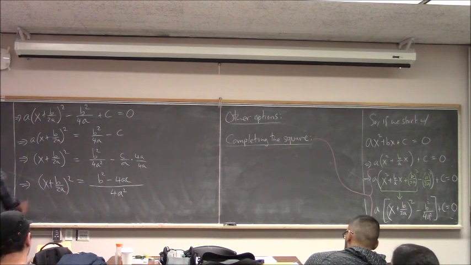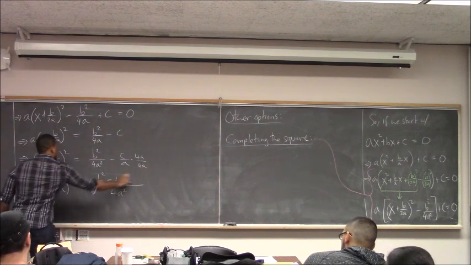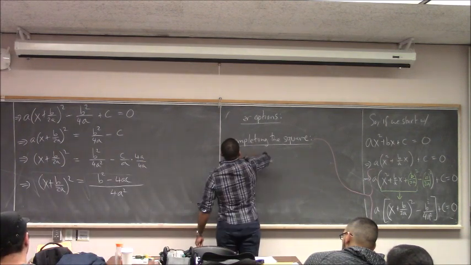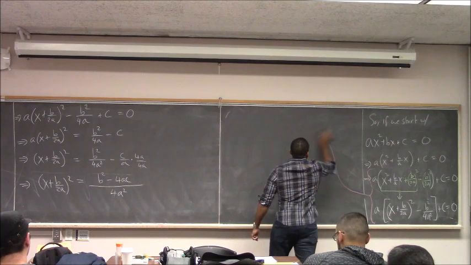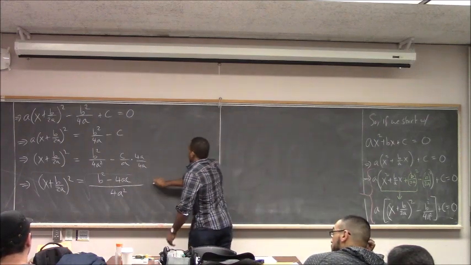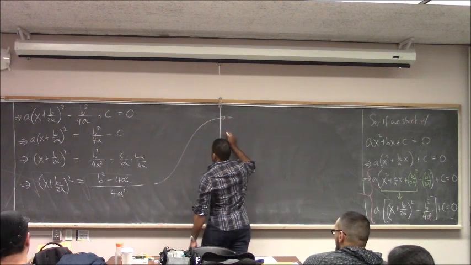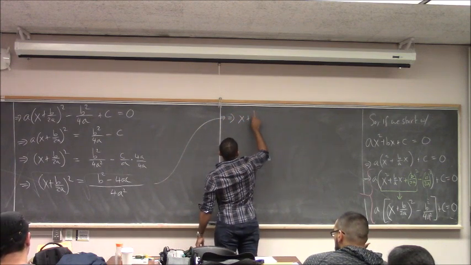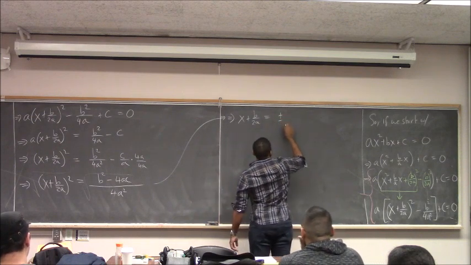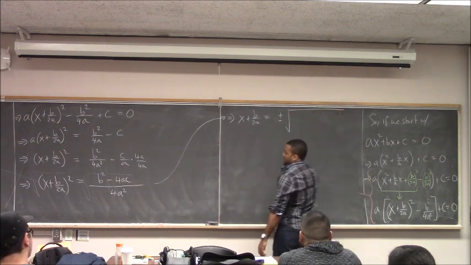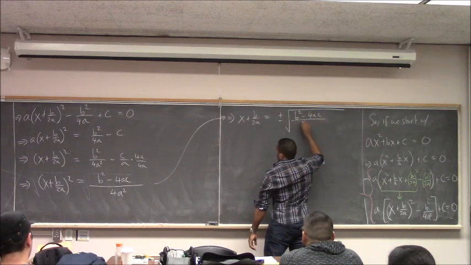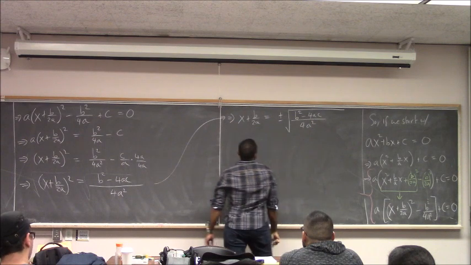Now to solve this, I'm going to take the square root of both sides. So that gives us x plus b over 2a equals a plus or minus, we discussed why that happens already, the square root of b squared minus 4ac all over 4a squared.